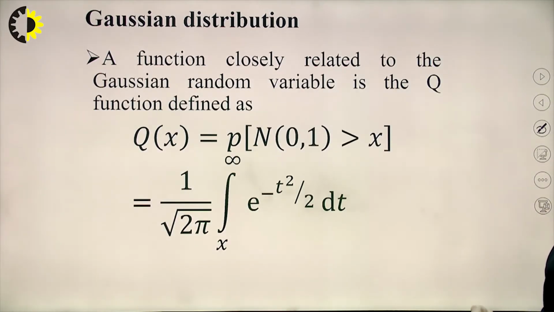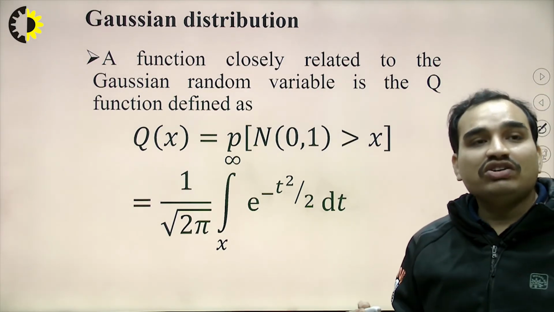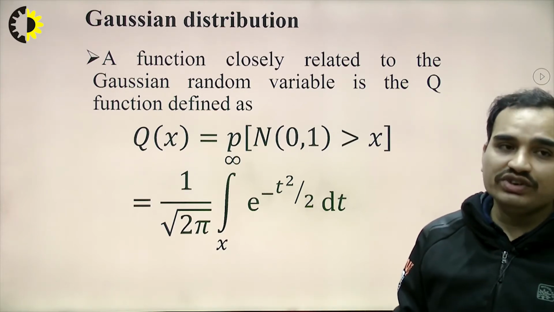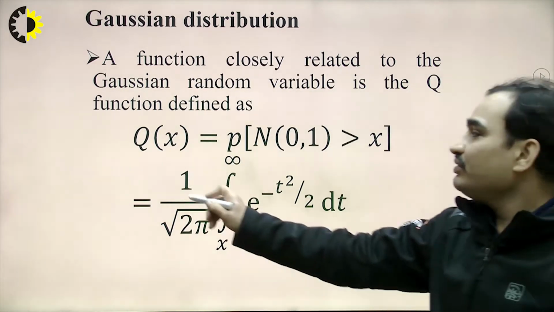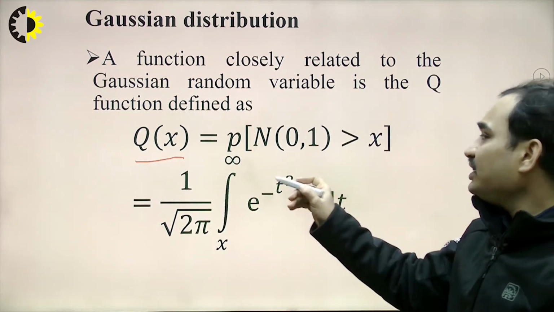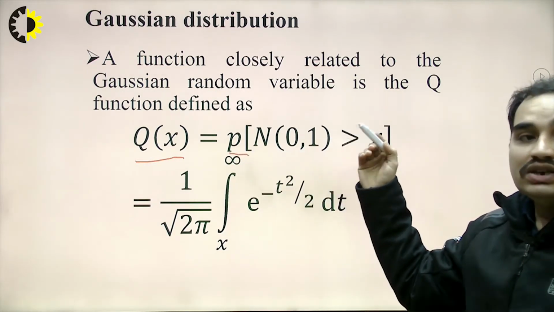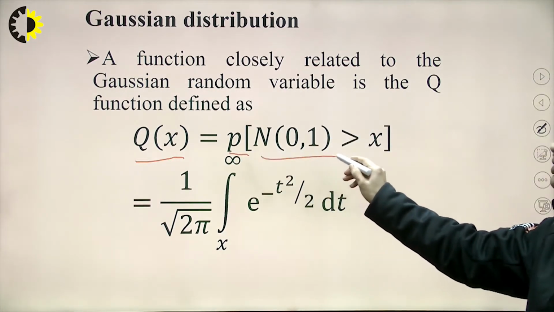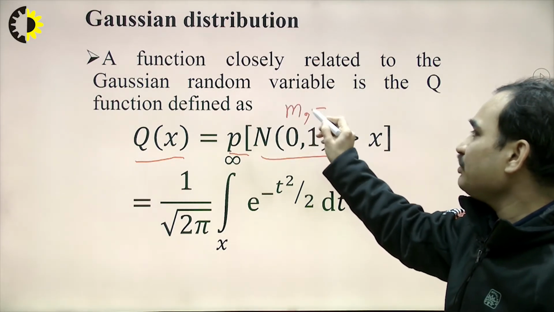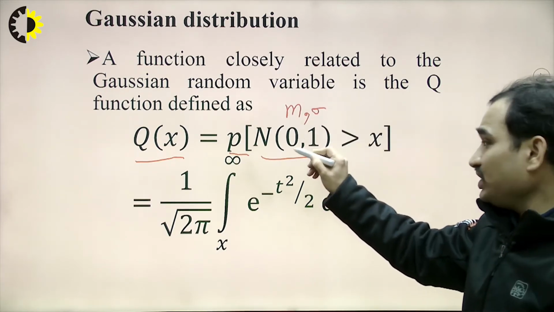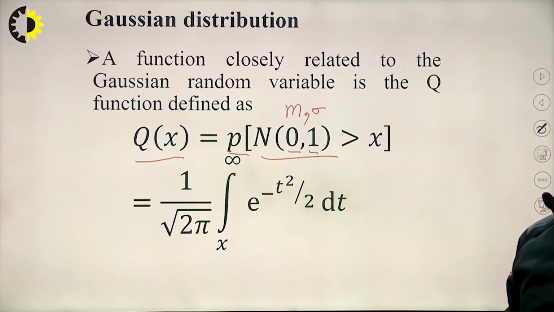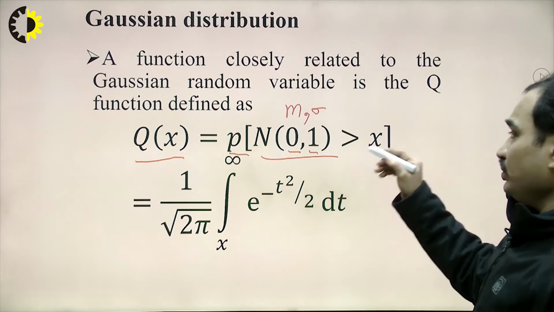Now, the function that is closely related to the Gaussian random variable is the Q function. How do we define the Q function? What is the Q function? We can define Q of x, for a random variable x, as the probability for the standard distribution, where the mean m is 0 and the standard deviation sigma is 1.